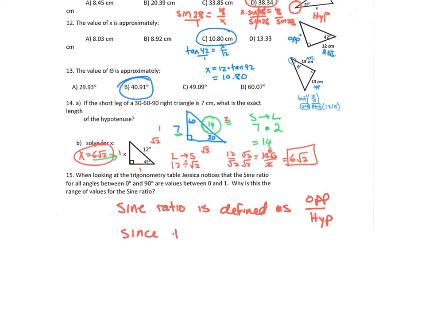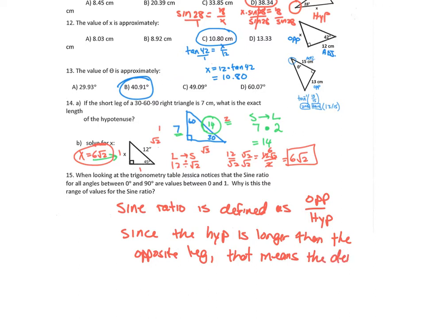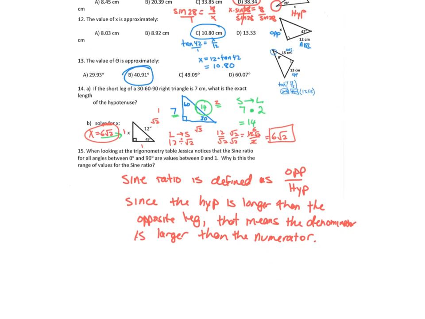Since the hypotenuse is longer than the opposite leg, that means the denominator is larger than the numerator. Therefore, the ratio is between 0 and 1.